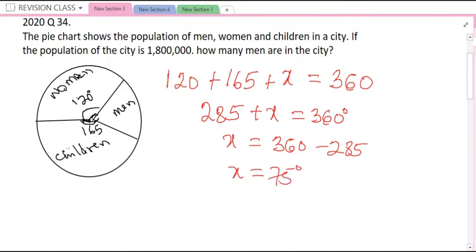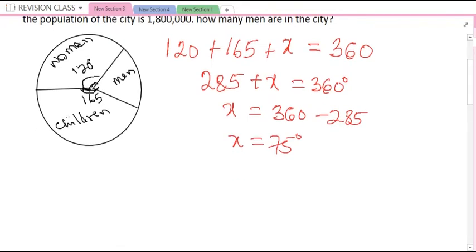The question asks us to find the number of men in the city. So what are we going to do? We know that the total number of people in the city is 1.8 million. Now we know the sector for men.